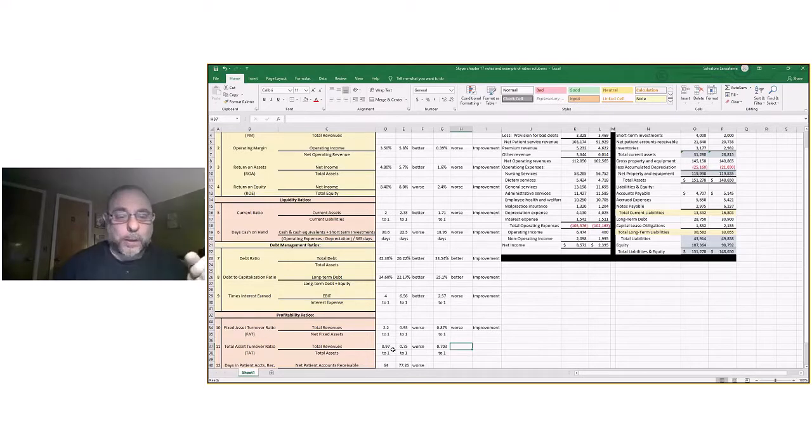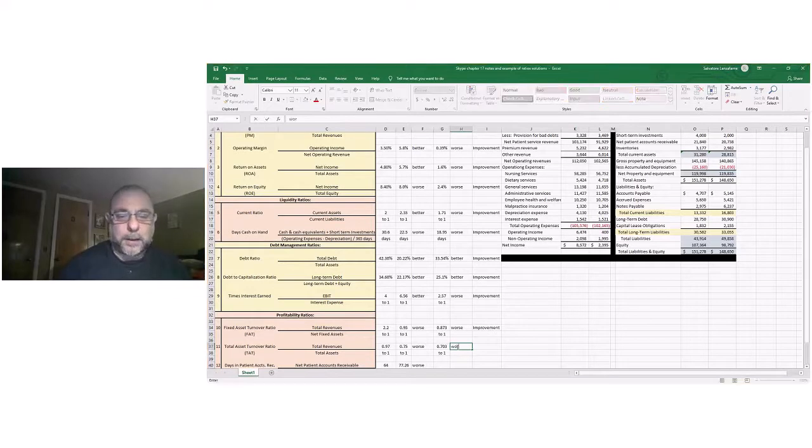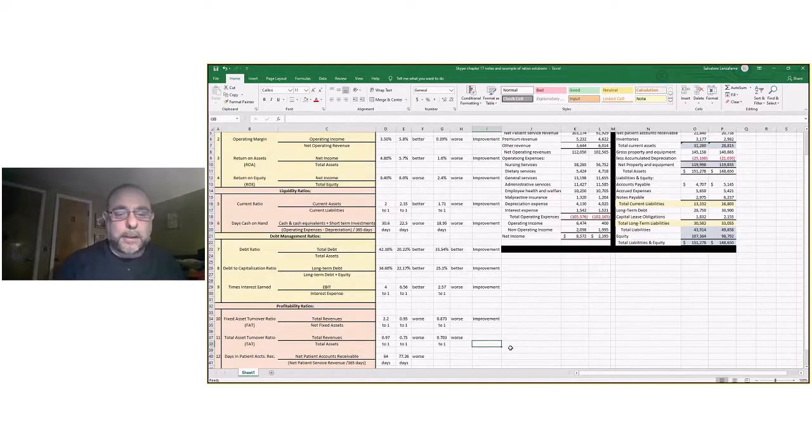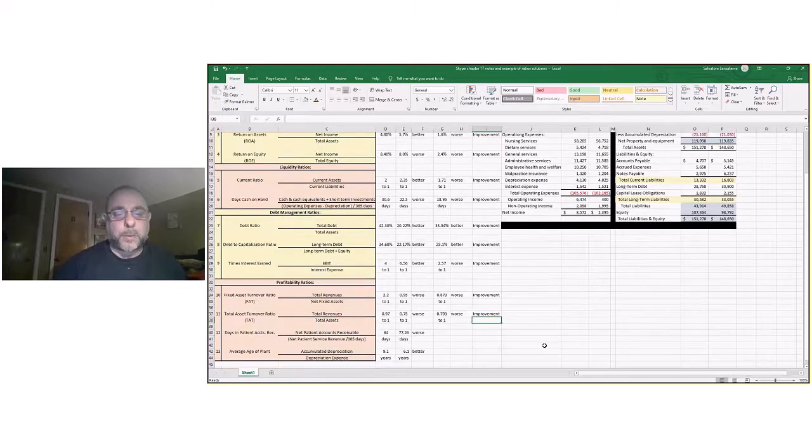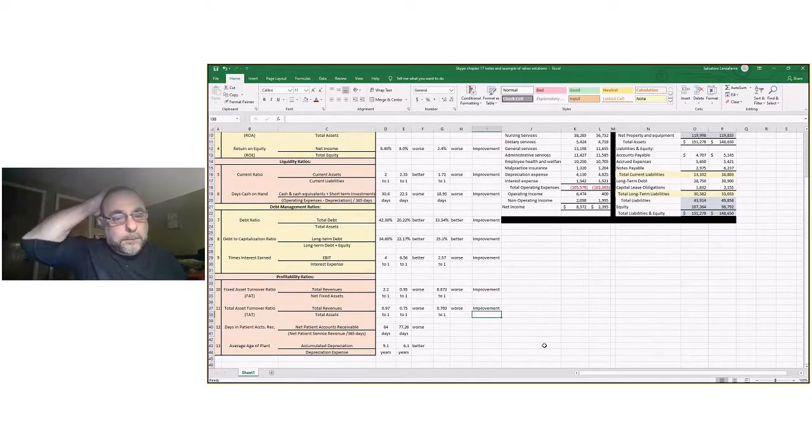In fact, the industry is less than 1 to 1, but they're almost even 1 to 1 there. So I think none of these are very good. Not us, not the industry, but there was an improvement from 2014 to 2015, but we're still not as well off as the industry. As you can see, both 2014 and 2015 were worse, but we did see an improvement.